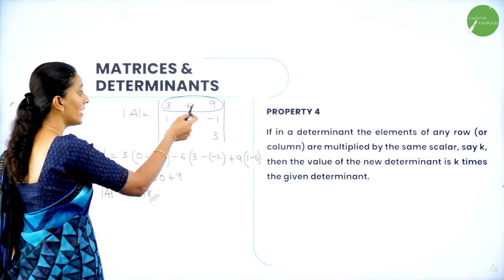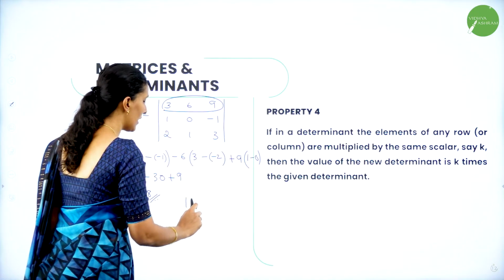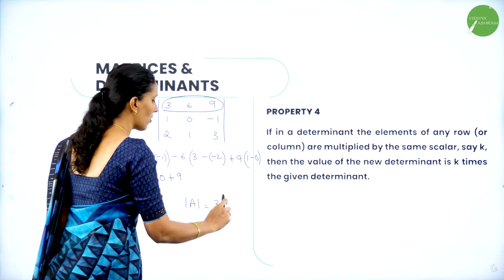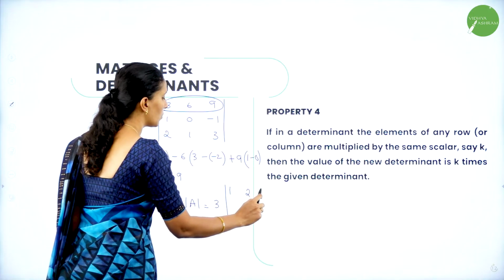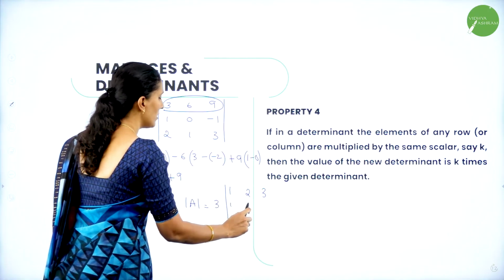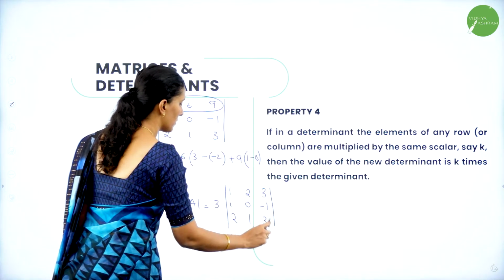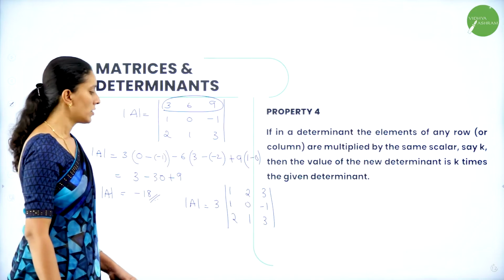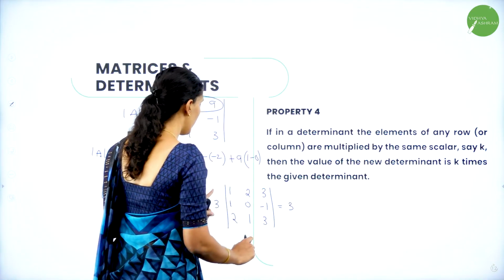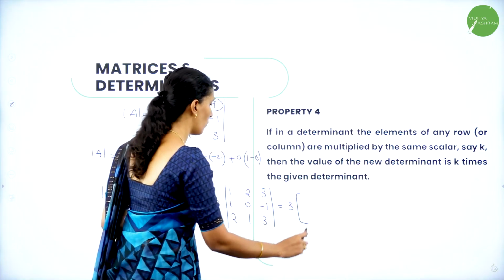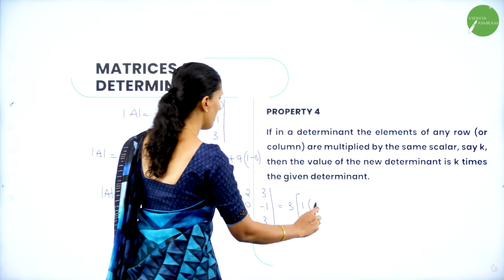Now what I will do is take 3 outside. If I take 3 as a common factor from the first row, it becomes 1, 2, 3, then 1, 0, minus 1, next 2, 1, 3. Here you can again calculate the determinant, with 3 outside the bracket. Whatever you solve here, you will get 1.